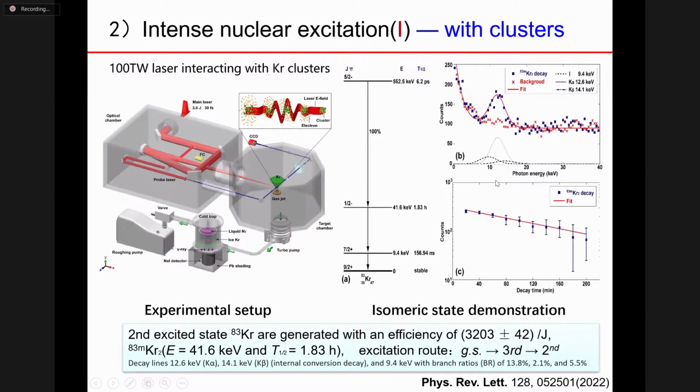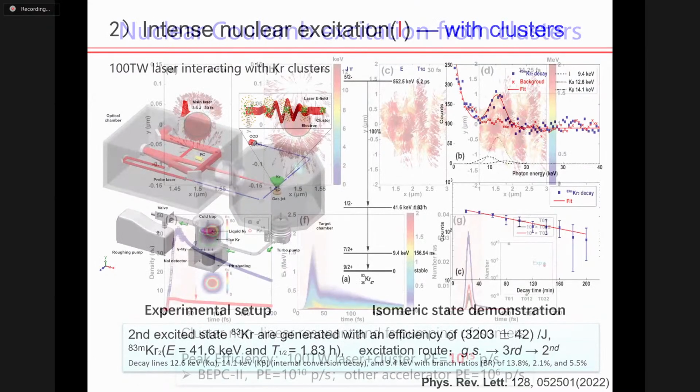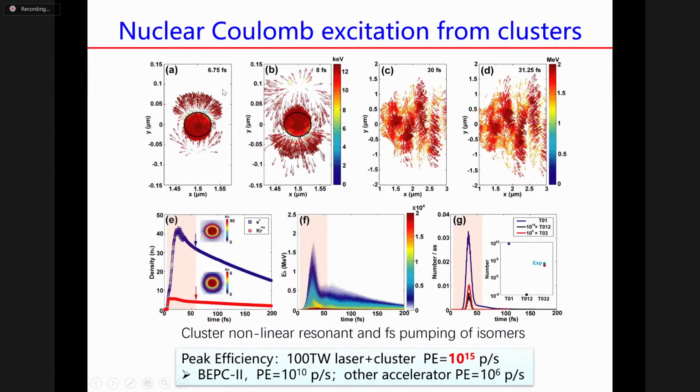So that means we really directly excited the krypton-83 from the ground state to the second and third state, the isomer. So our simulations show the nuclear Coulomb excitation from the nonlinear resonance of the cluster.